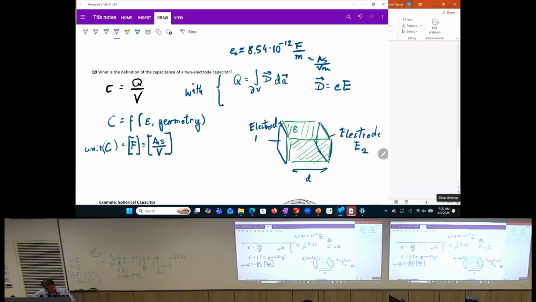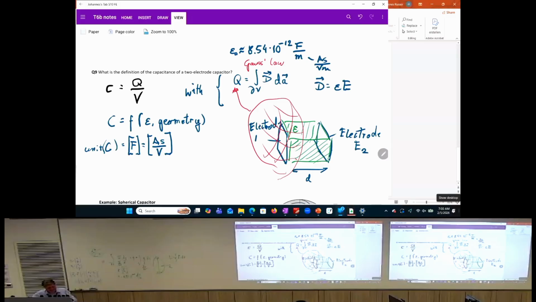What you need for determining the capacitance, which we say is the ratio of charge over voltage: you need the charge that you obtain from applying Gauss's law. You take, for example, a control volume like this here, and then you apply Gauss's law.